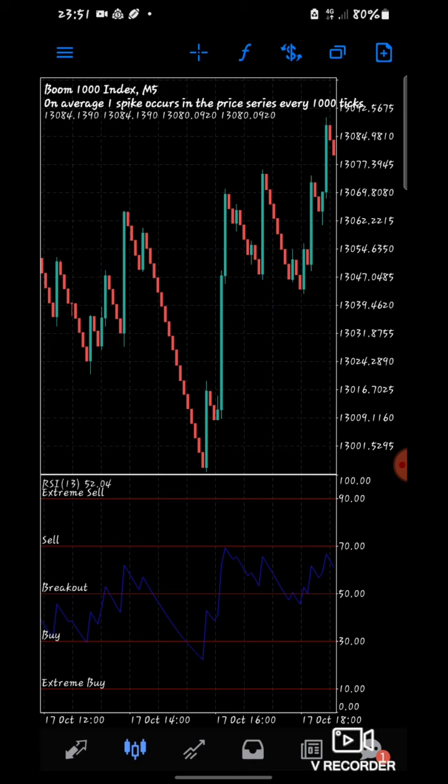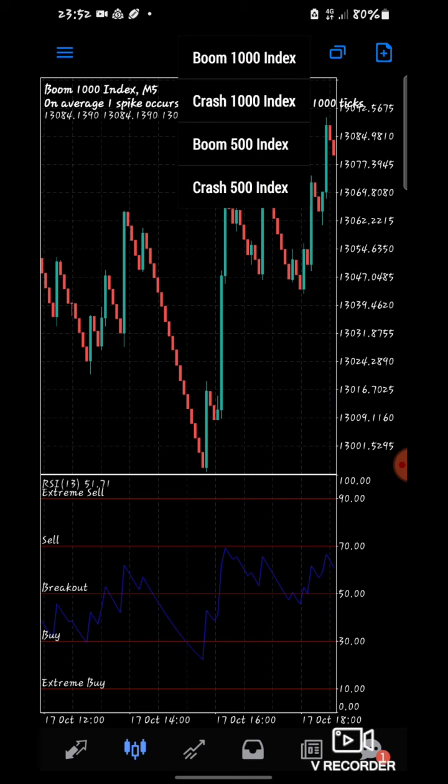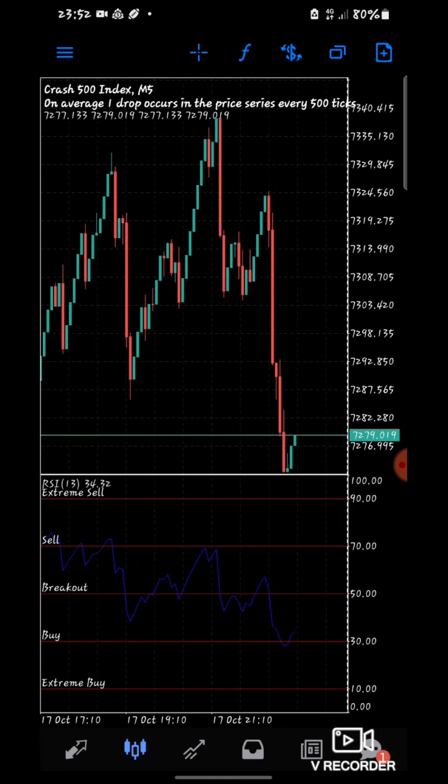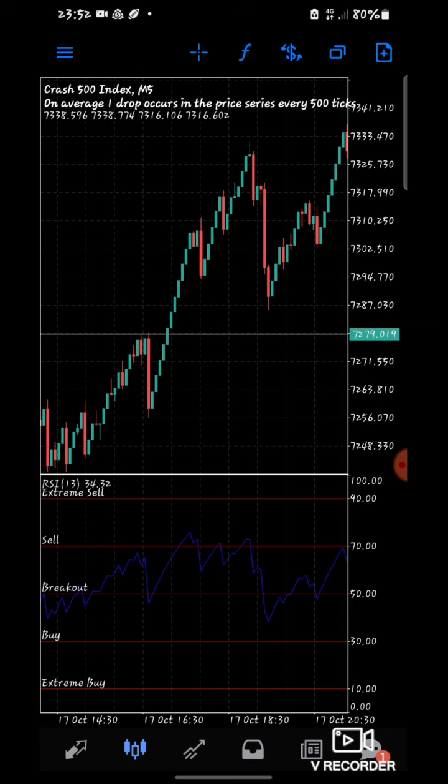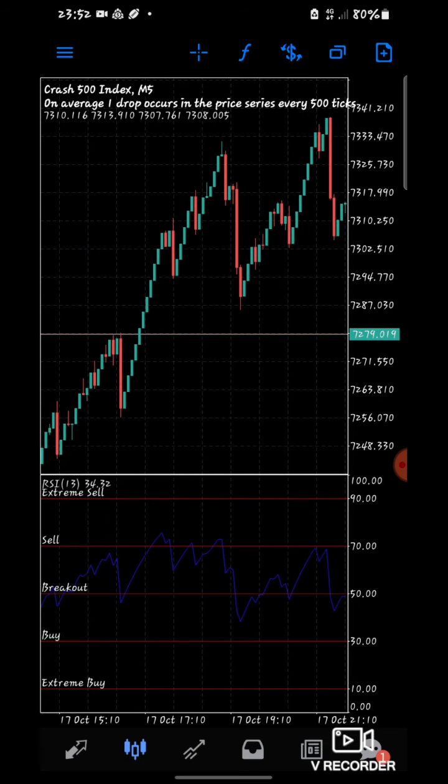Another thing, guys, is that line 30 and line 70 are unique. The line 70 in crash works in both crash 500 and crash 1000, because both markets are similar.